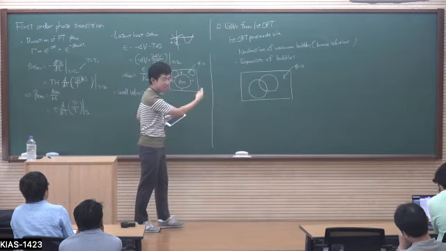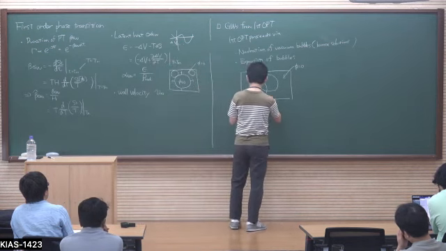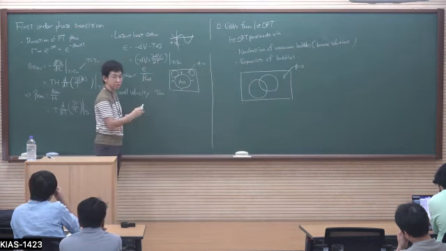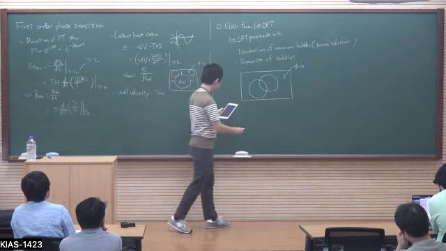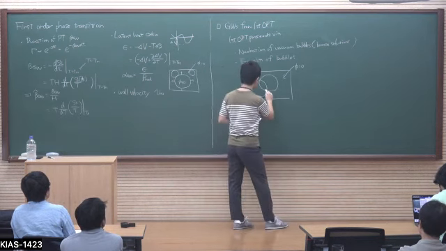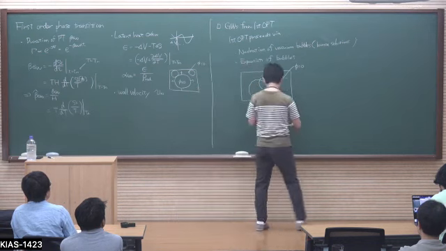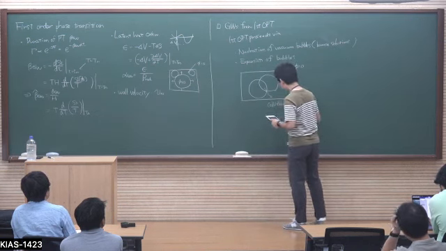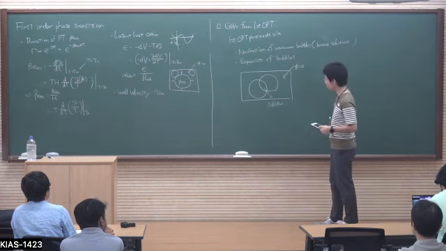Inside each bubble, the symmetry is already broken. So when we discuss the gravitational waves from the first order phase transition, there are three sources. The first one comes from the collision of the vacuum bubbles. The gravitational waves can be produced by the collision of the vacuum bubbles.